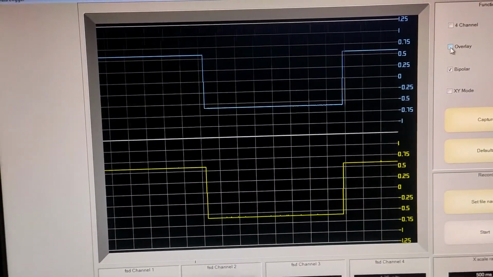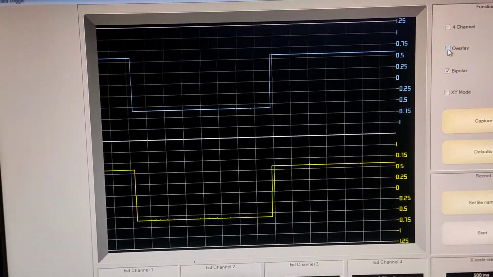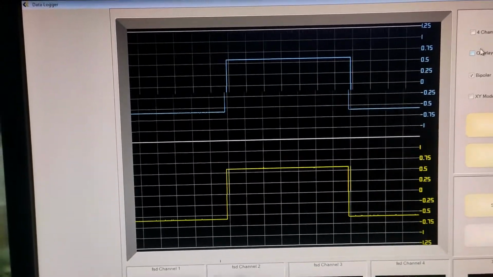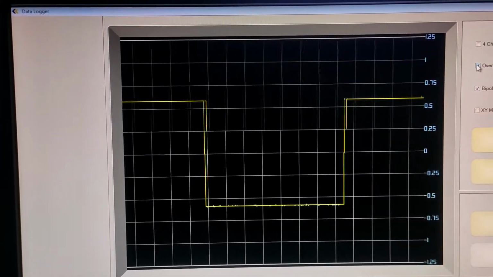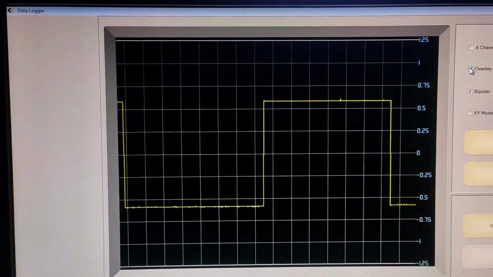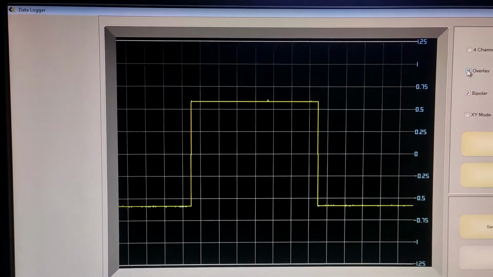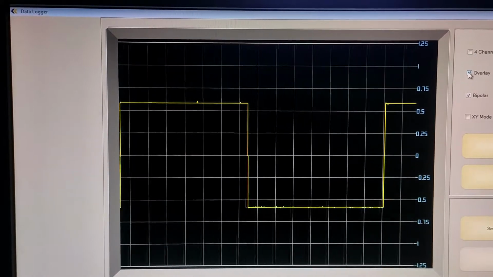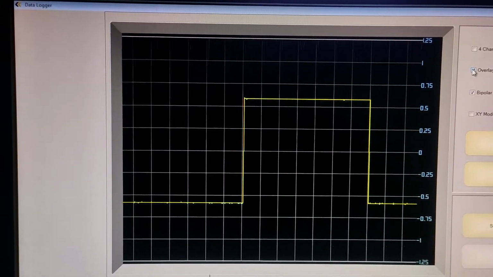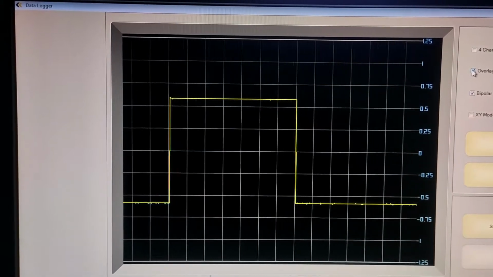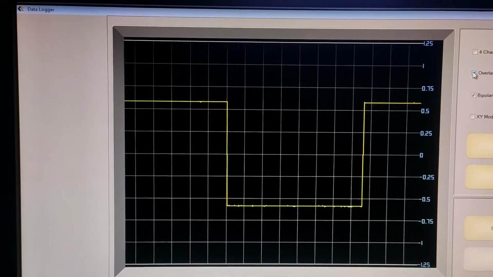The blue is the input signal and yellow is the output signal. If you put both in overlay, you see both signals overlapping each other, so no change is there. Whatever input you send, it will convert to the same output signal.